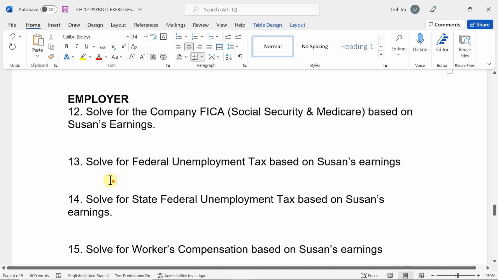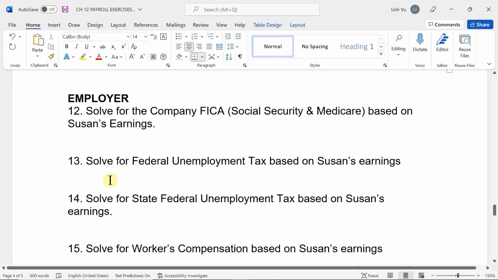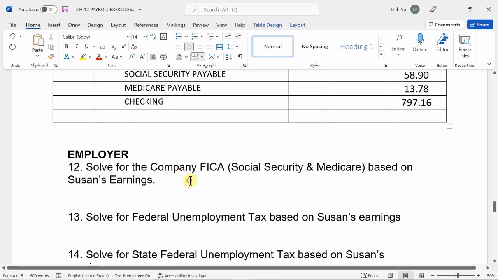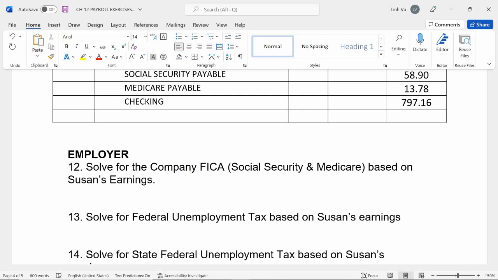All right, last one is going to be calculating the employer's responsibility for having Susan as an employee. First things first, what is the company FICA for Susan?